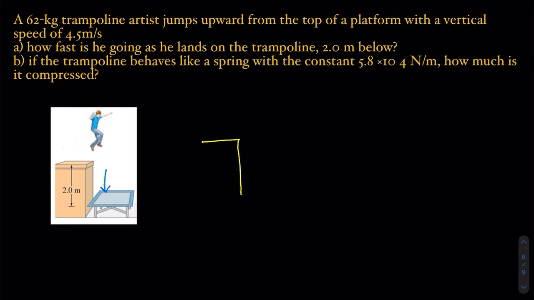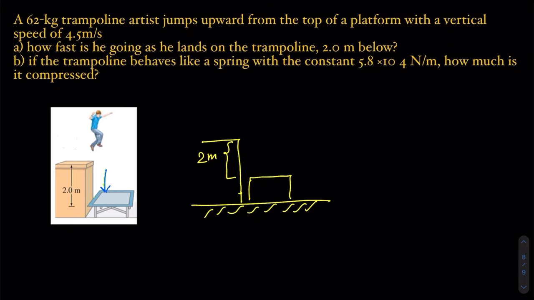So let's say here is the platform, and here is the ground, and here is the trampoline. The distance from the top of the platform to the top of the trampoline is 2 meters.